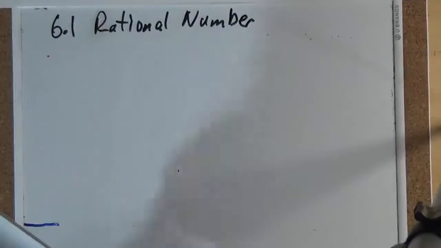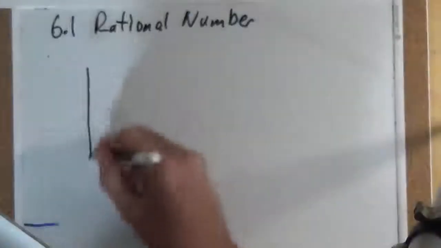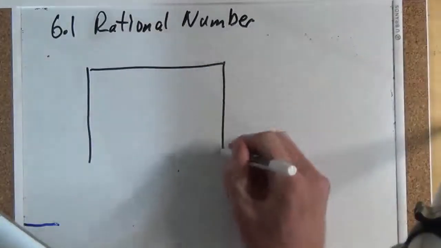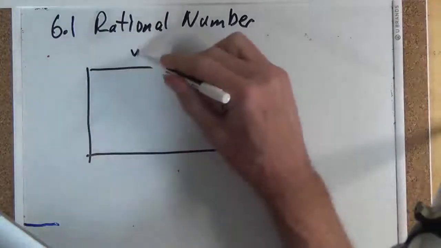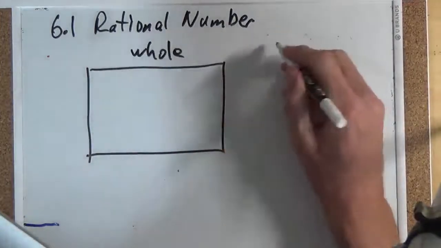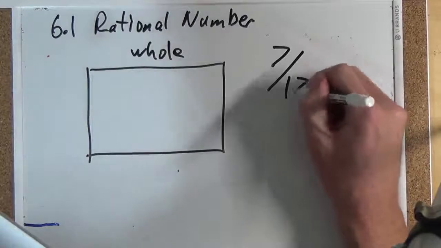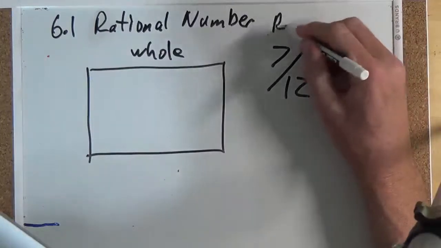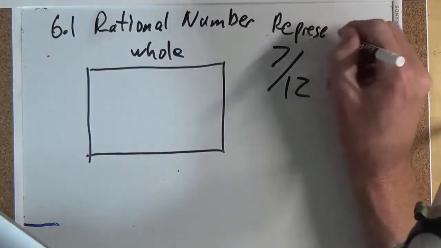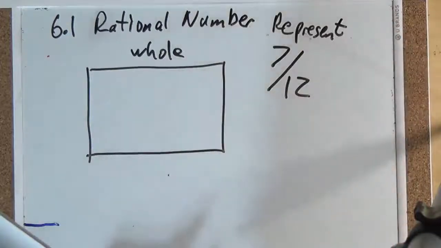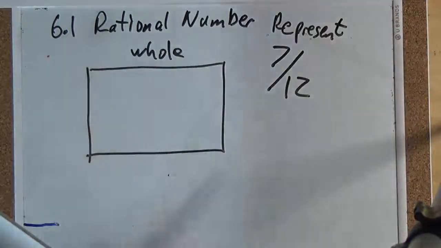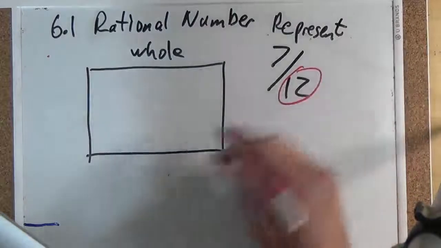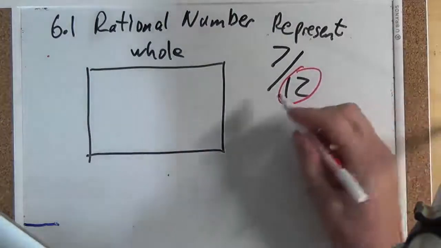Okay, let's give another whole. Suppose I want to represent 7/12. The denominator tells me I need 12 equally sized pieces or partitions.